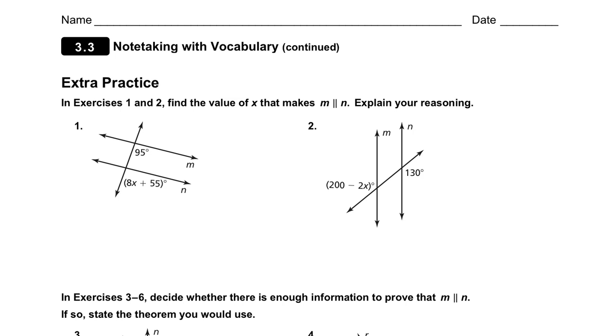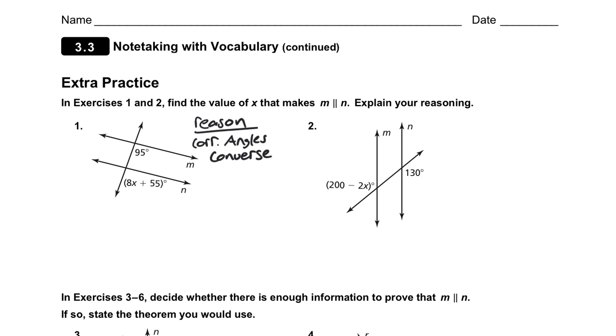In exercises 1 and 2 here, we want to find the value of x that makes m and n parallel and then explain our reasoning. I want to show that these angles are corresponding, and if we can make them congruent, we can say that our reason here is going to be the corresponding angles converse.